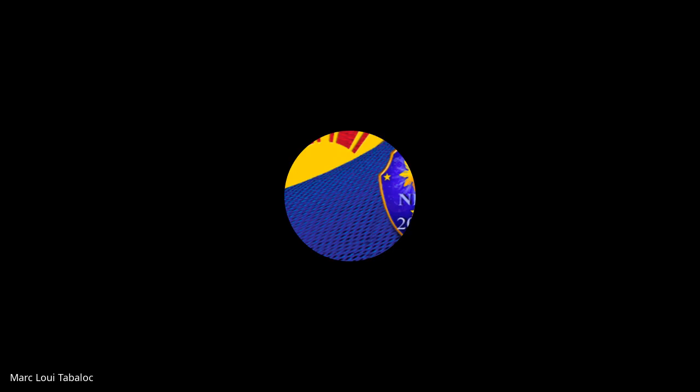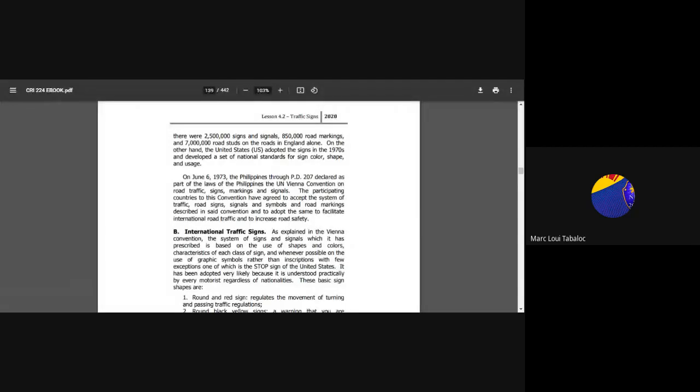For those not familiar with PD 207, I will show it. June 6, 1973, the Philippines became a signatory to the UN Vienna Convention on the Standardization of Road Traffic Signs, Markings, Signals.